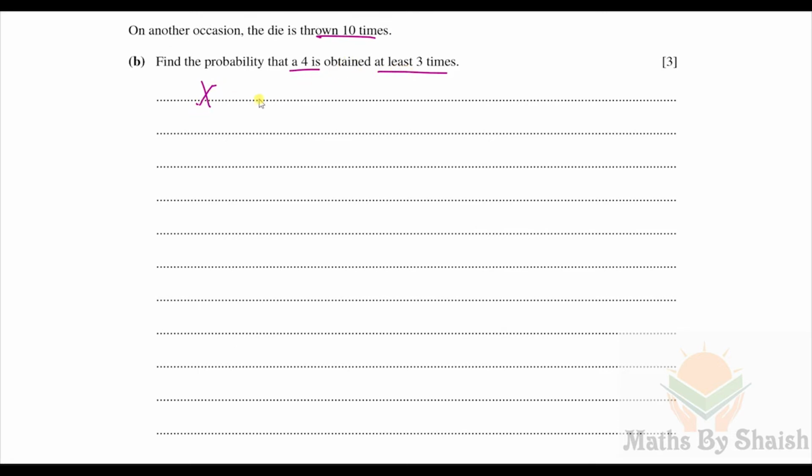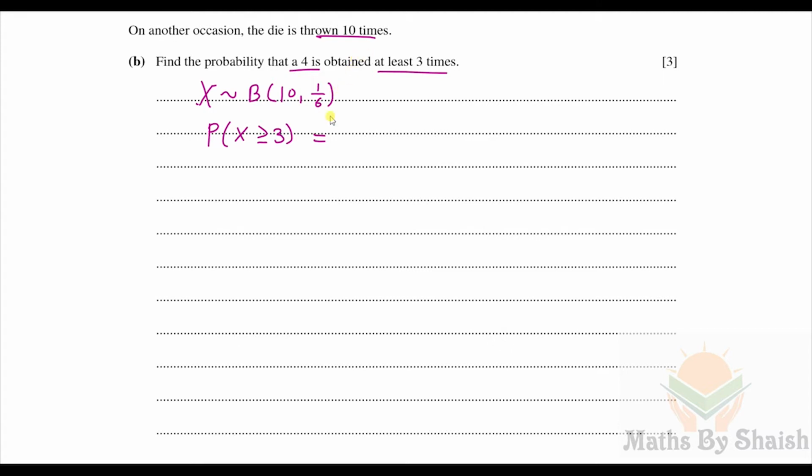So it is binomial, n is 10 here, and p is of course 1 by 6. So the question becomes probability of at least 3, so x should be greater than or equal to 3, and we will not go from 3 to 10.